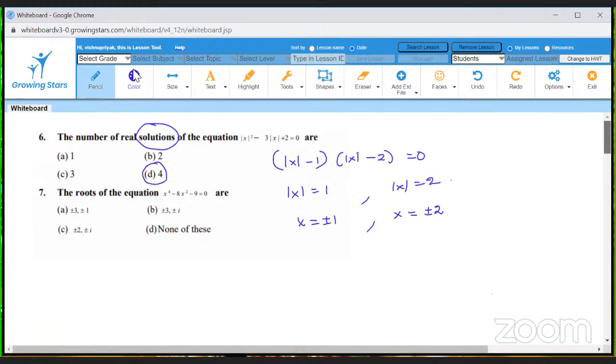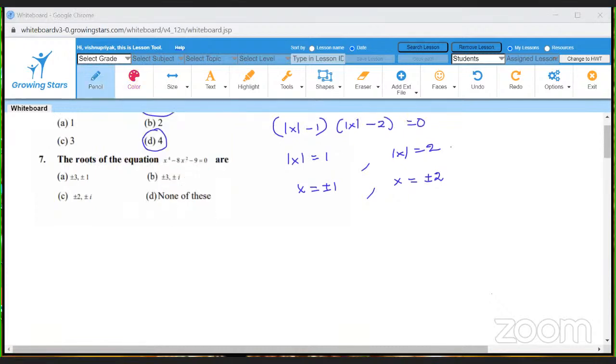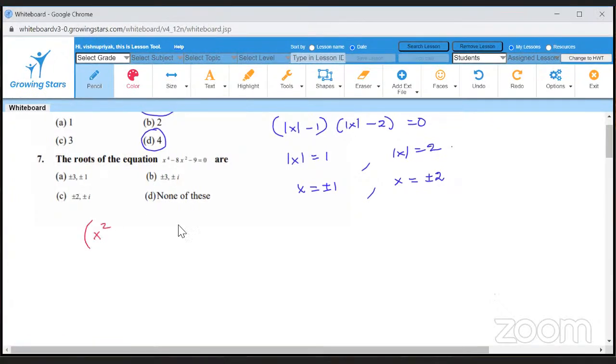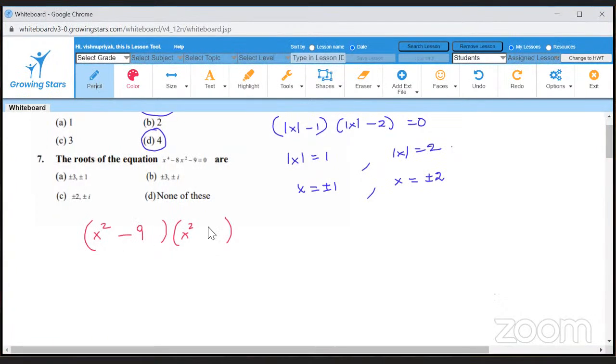Next, coming to question number 7. I told you, it's like a quadratic equation only. Don't get scared on seeing x power 4. If x power 4 is there, when you factorize, you will have x square like this. So how will you write the factors? Minus 9 and plus 1 you get.